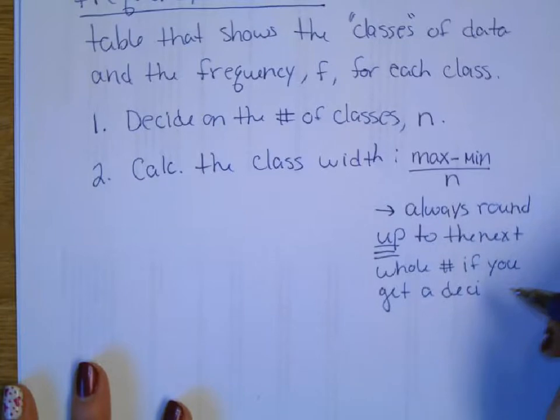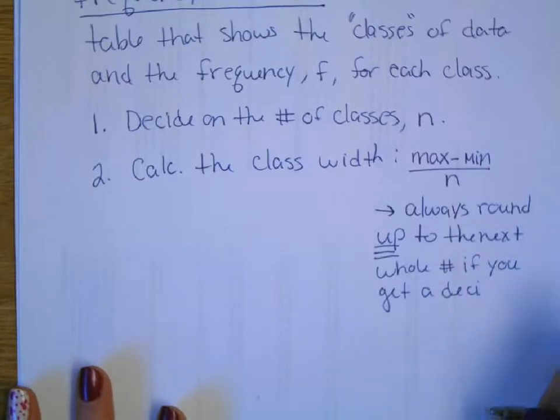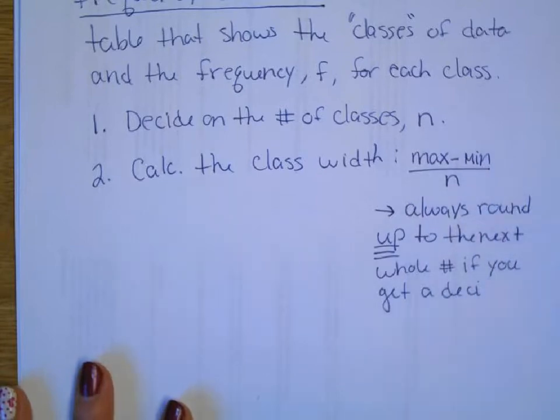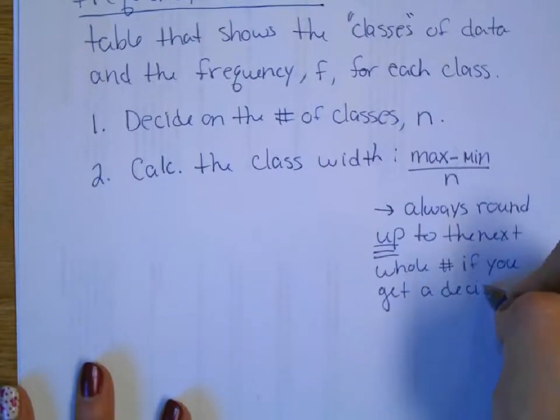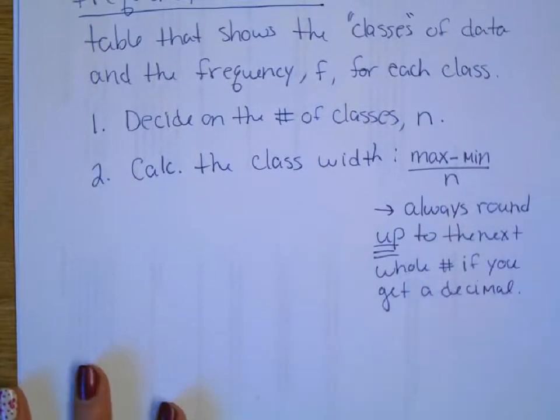Even if it's 2.058, you round up to 3. Otherwise, when we make our table, your last value in your table will not include the last value of your data. Your class width won't be big enough to include the highest number in your set. I'll show you that when we get there.